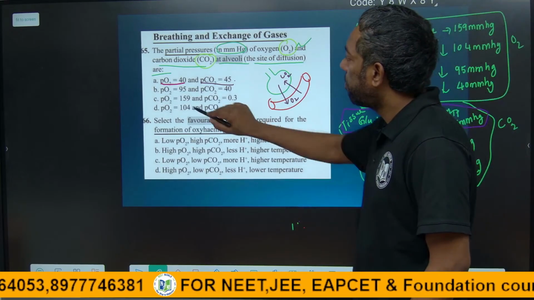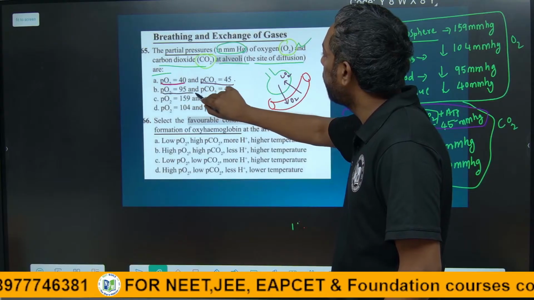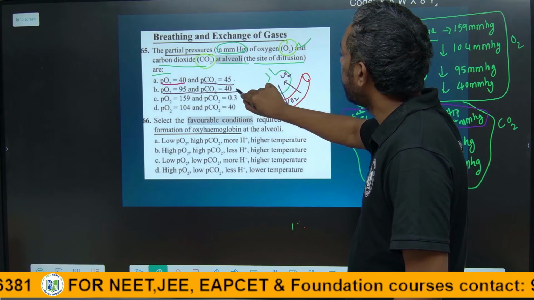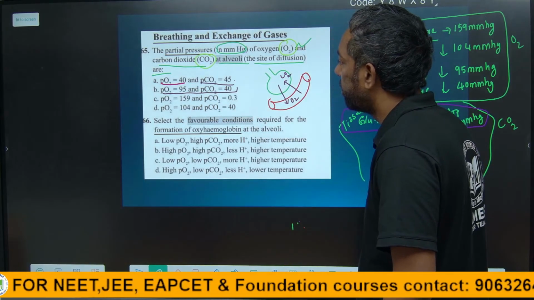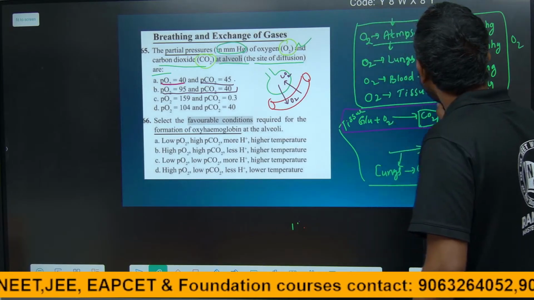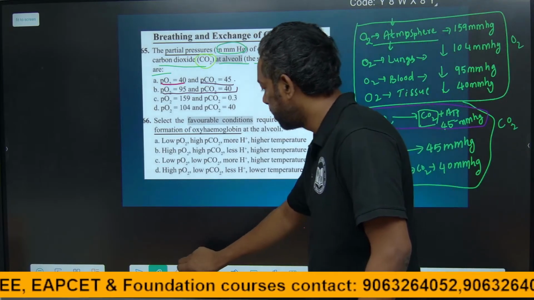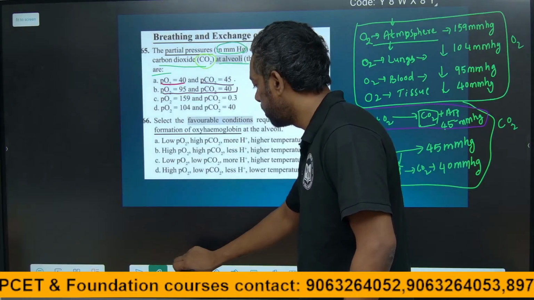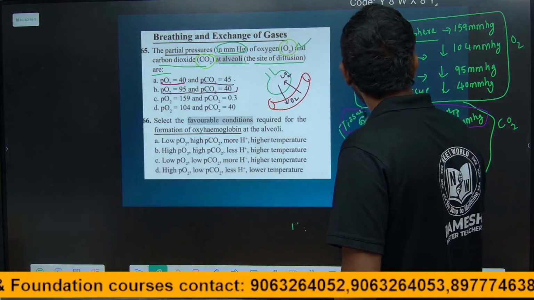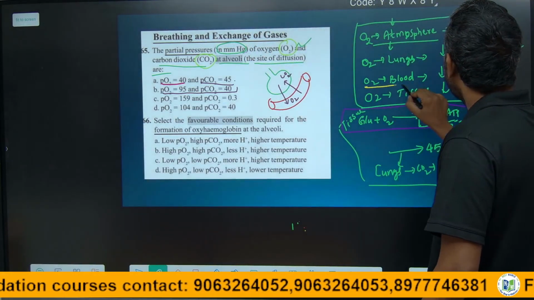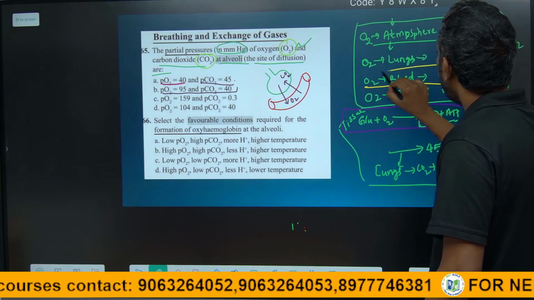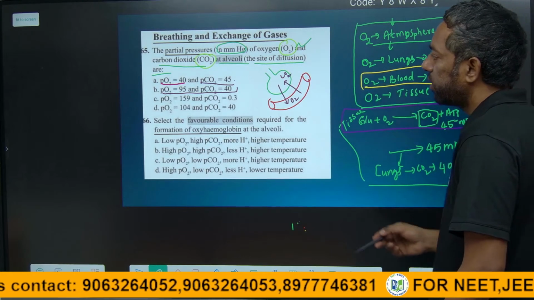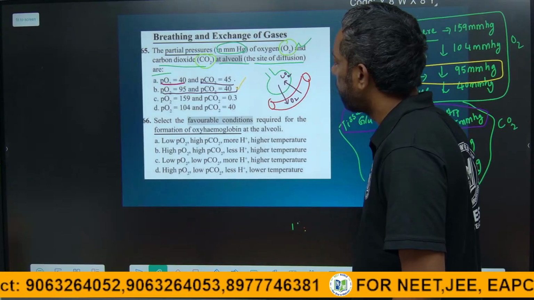Next, the partial pressure of oxygen 95 mmHg and CO2 40 mmHg: that is in the oxygenated blood, guys. If oxygenated blood reaches this condition, this applies.